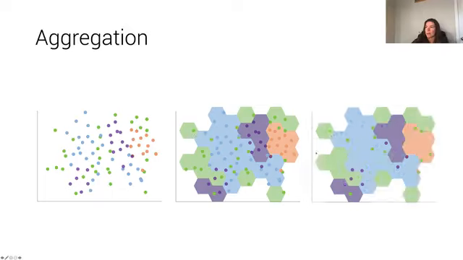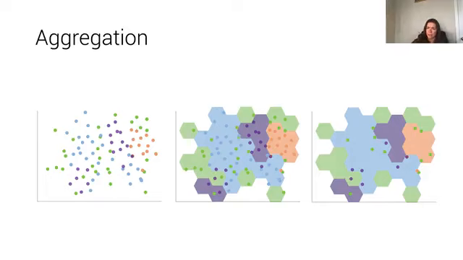Then I can remove any points that are redundant with the background color and just leave my outliers for a little bit of additional context. So this is an example of aggregation. I have a much simpler display here, and if I were to ask you where are all the blue points, the purple points, the green points, the orange points, it's much easier to point that out because we've smoothed over the information, reorganized it and aggregated it in a meaningful way.